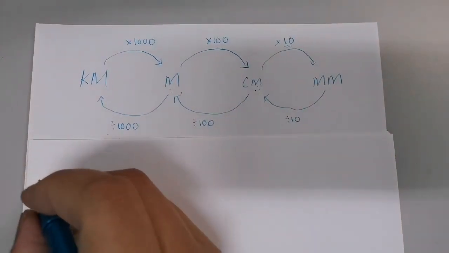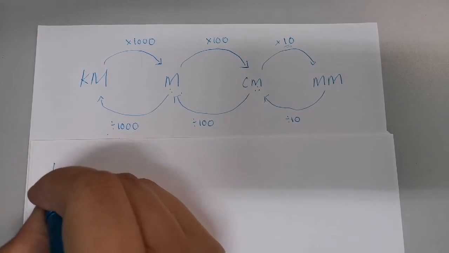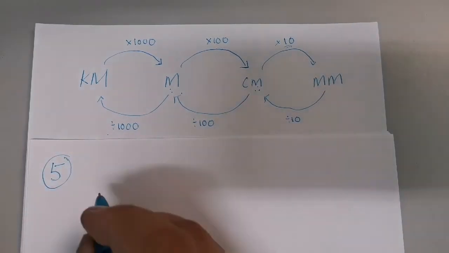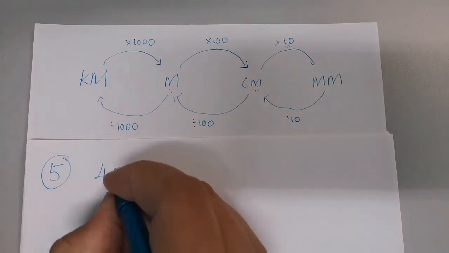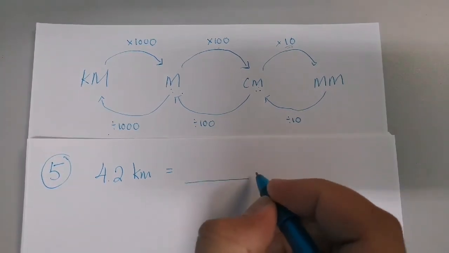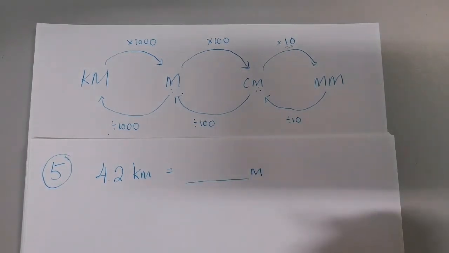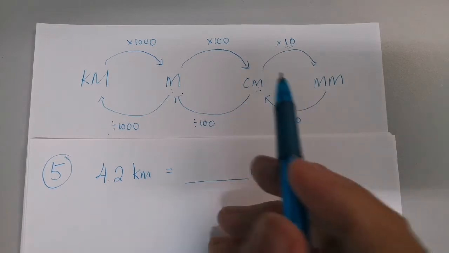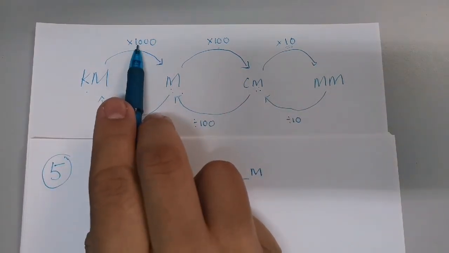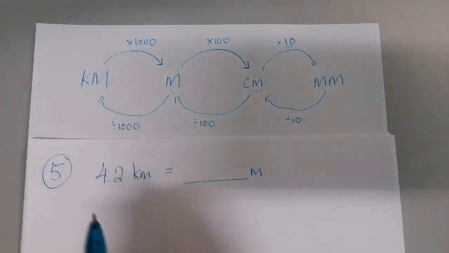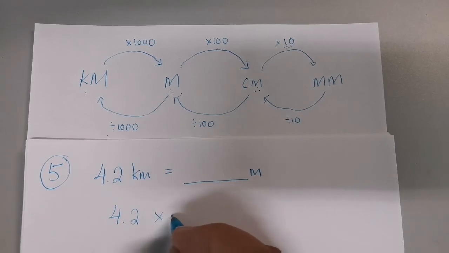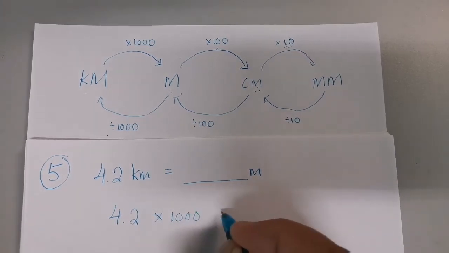Let's move to another example. Example number 5. Now let's say 4.2 kilometer. You want to convert to meter. Based on the formula here, kilometer to meter, you will need to times with 1000. So 4.2 times with 1000.